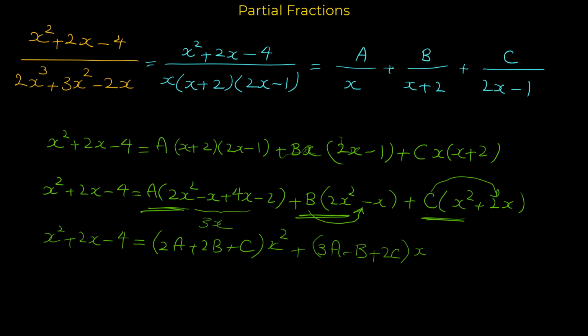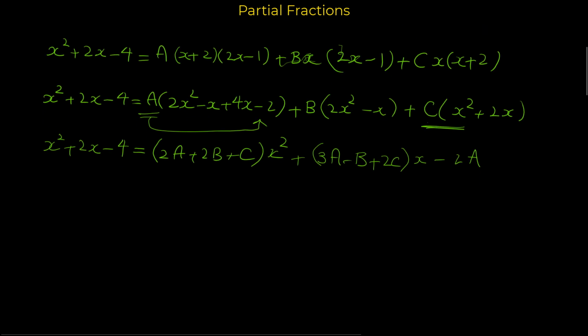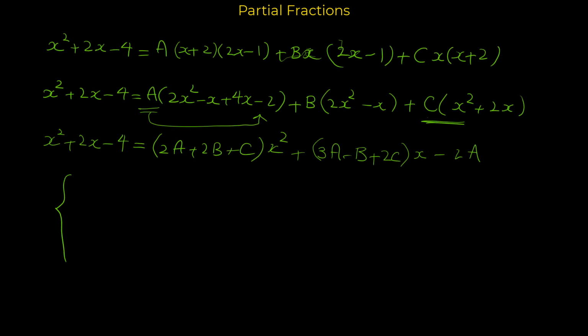And finally, let's see what the constant on the right side is. The only constant that we have on the right side is just a times this negative 2. So at the end, we have negative 2a here. Now, we can write our system of equations for finding A, B, C. How do we do that?